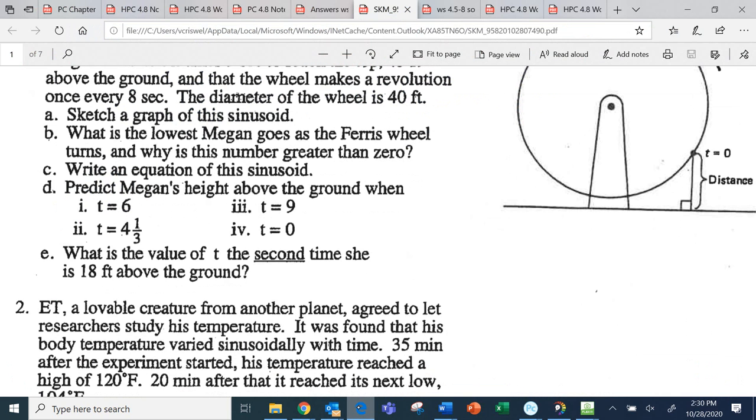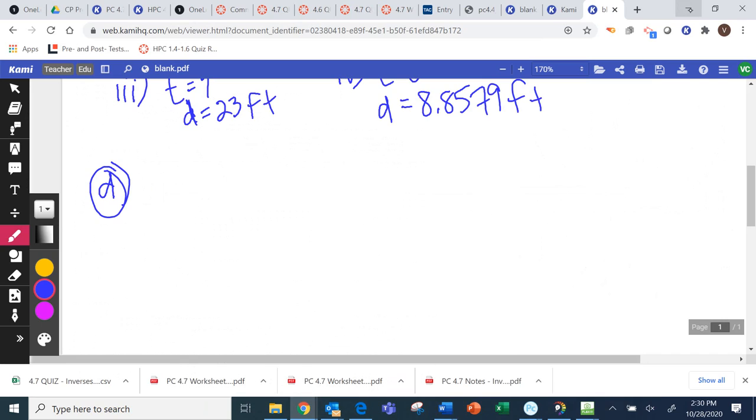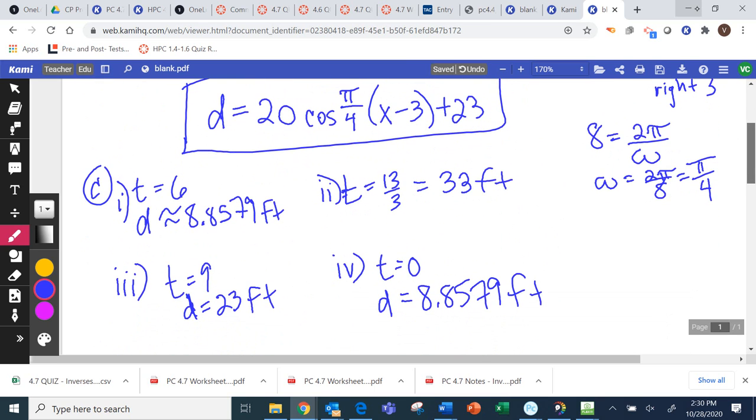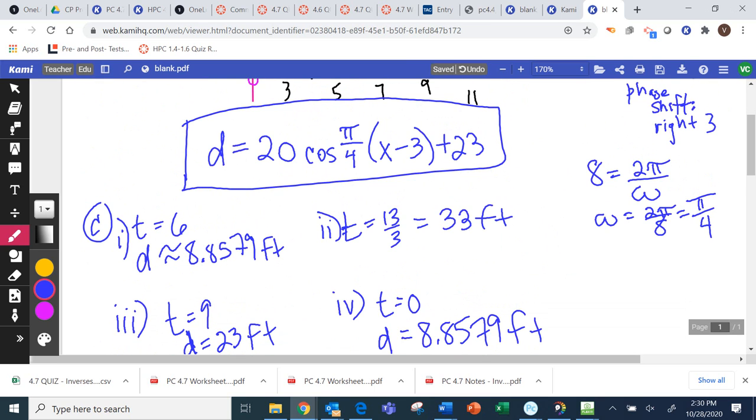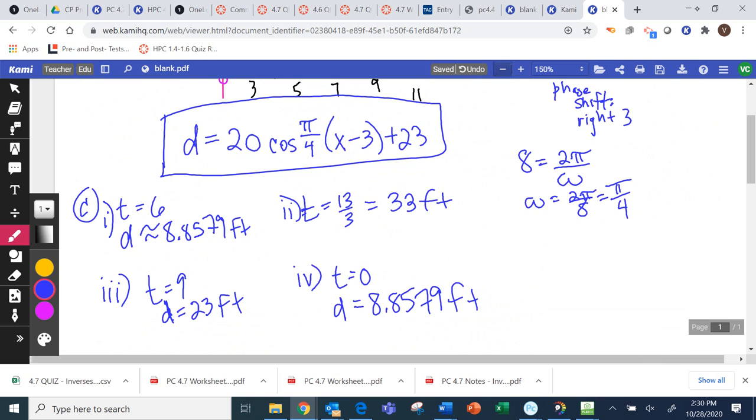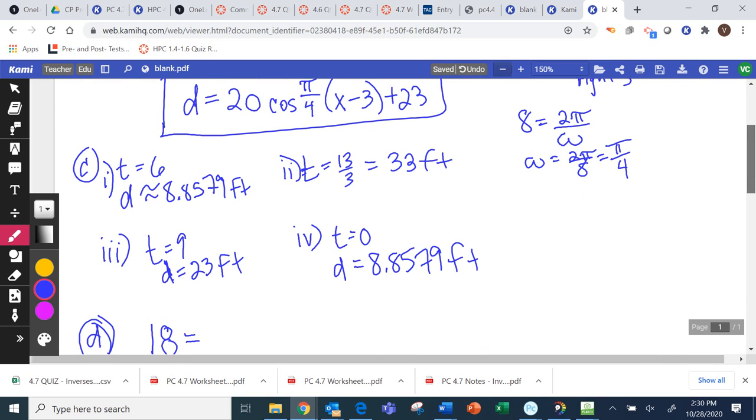So then the question at the end says, what is the value of t the second time she is 18 feet above the ground? And we have done this before as well. We're going to put in 18 for the d. Let me zoom out a bit so I can see it. So I've got 18 equals 20 cosine pi over 4 times x minus 3, plus 23.